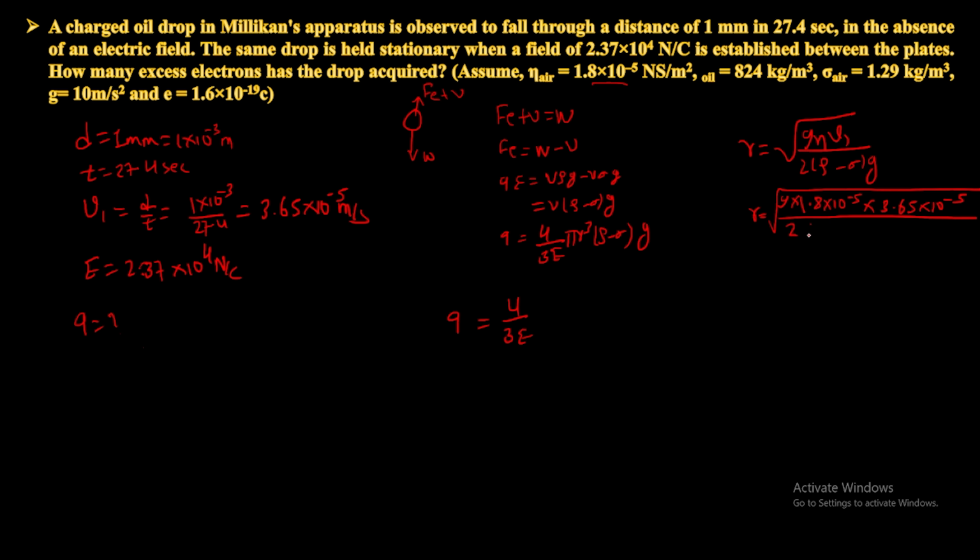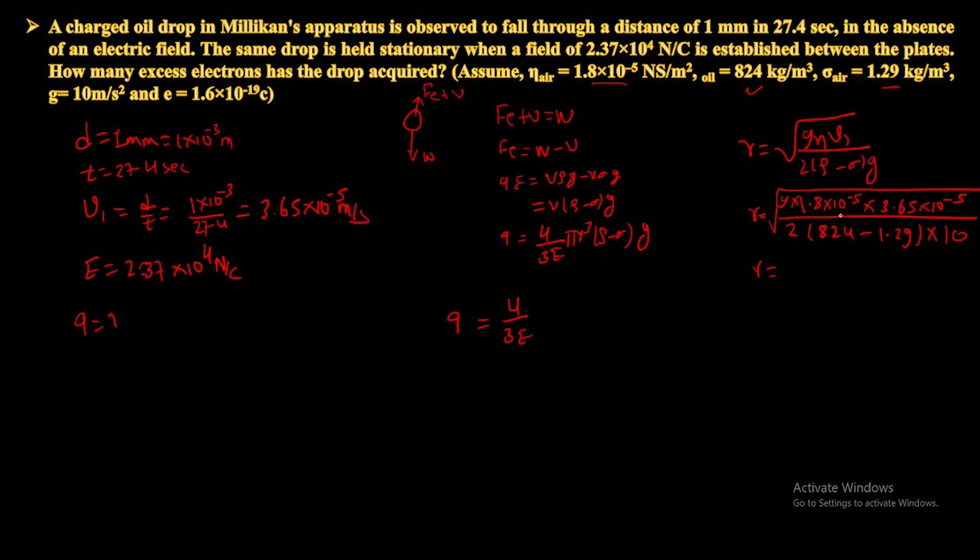and divided by 2 bracket rho, that means density of the given oil drop, 824, minus density of air, which is also given, 1.29, into g. Acceleration due to gravity is mentioned in the question, we have to take it as 10.